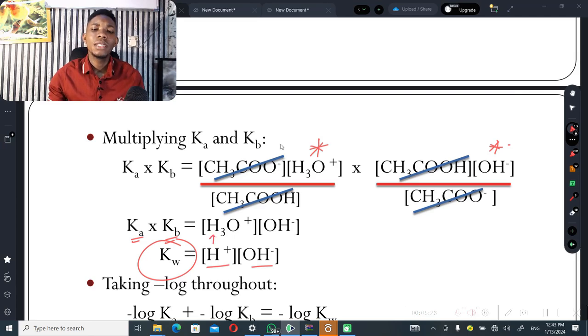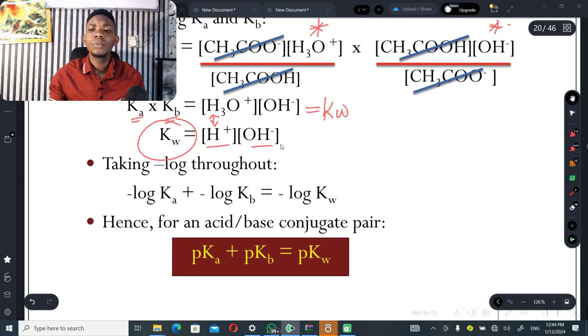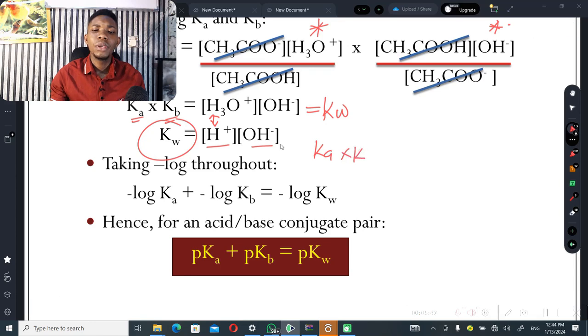Hydrogen ion is still the same thing, it's equivalent to hydronium ion. So this entire expression, hydronium ion multiplied by hydroxide ion, is still the same thing as Kw. So we can say that Ka times Kb is equal to Kw.